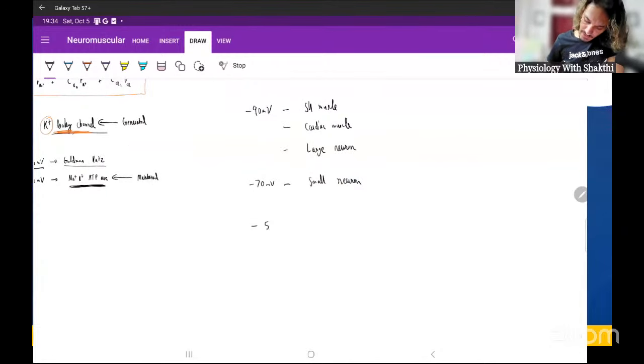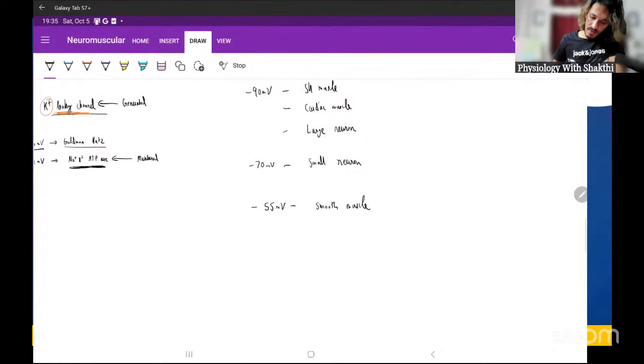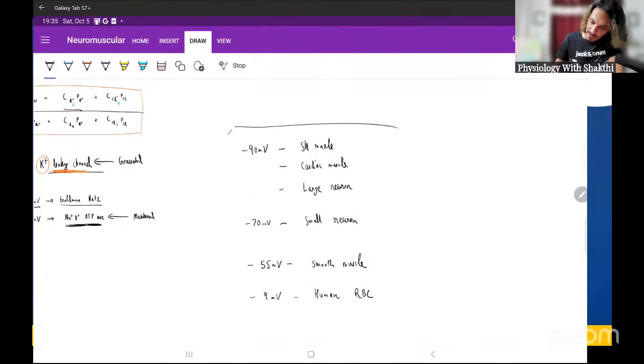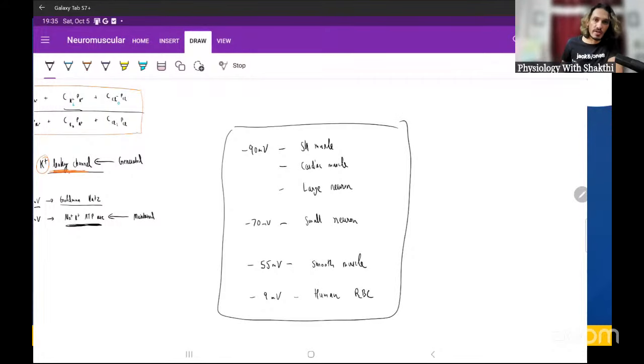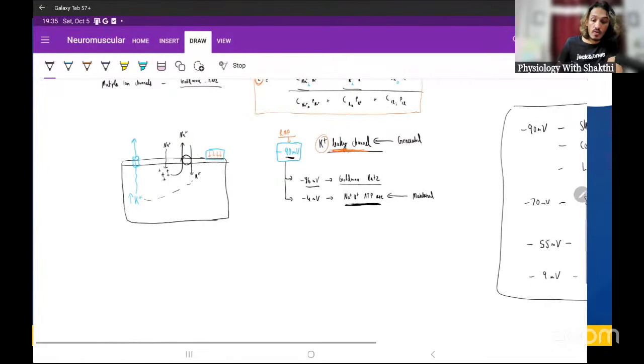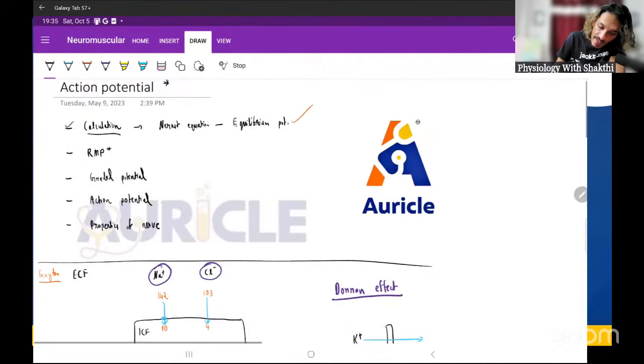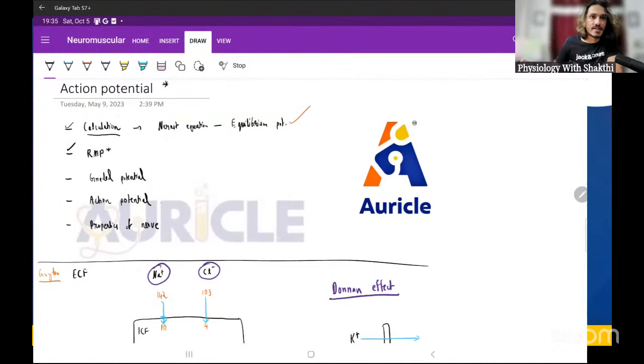Minus 55 millivolt will be smooth muscle. If you take an example of your RBC membrane, there it can come to minus 9 millivolt. So these are just examples of different resting membrane potentials you can talk about. Okay, so next we have enough points to write under RMP and explain it.